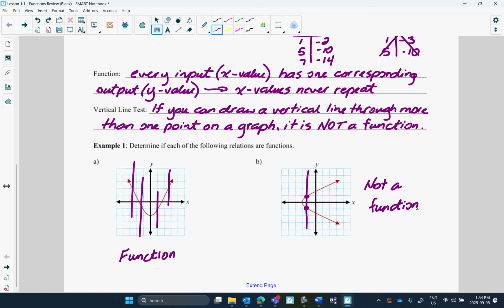Something to keep in mind. Do you remember the two names we gave to all the x values in relations or functions and all the y values in relations or functions? Do you remember the two names we gave them? Domain and range.